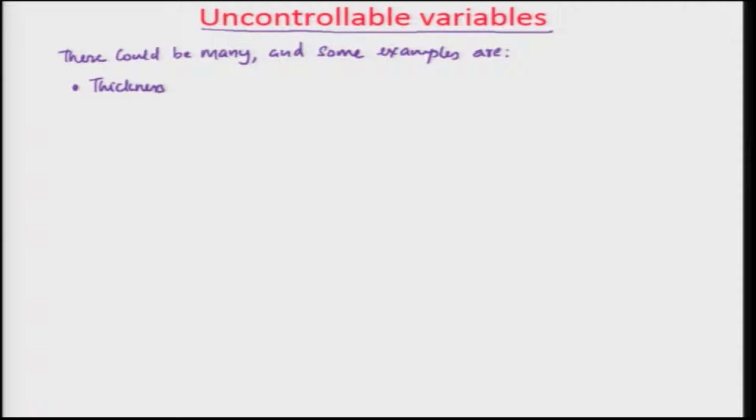It is the uncontrollable variables. Okay, uncontrollable variables are those where you don't have any control over these, and there could be many, and some examples are, there are some examples, and one example is thickness of the printed circuit board, or what we call the PCB. Okay.